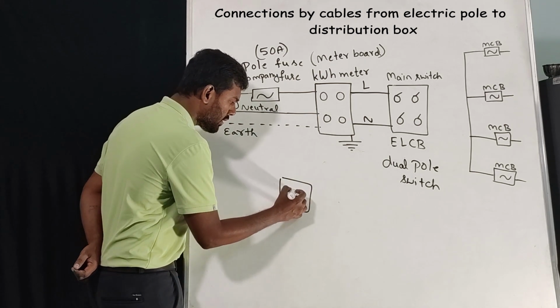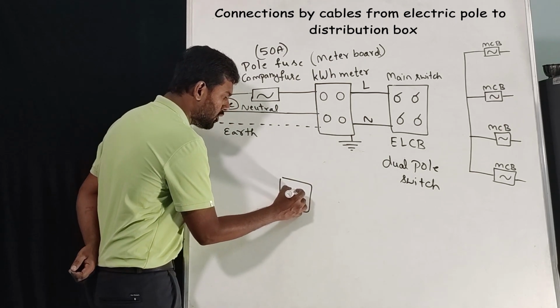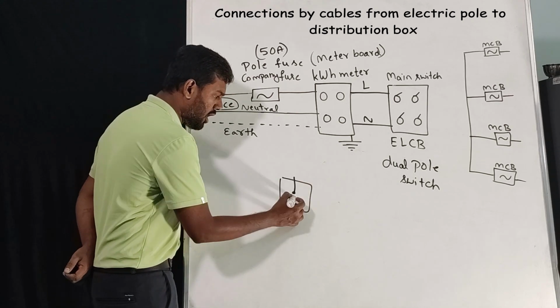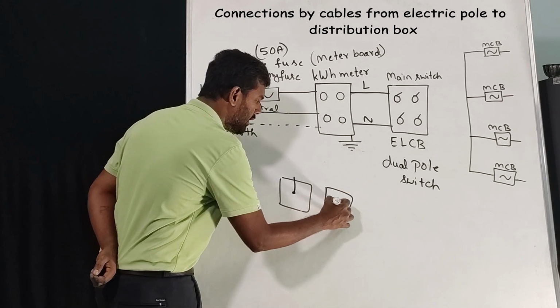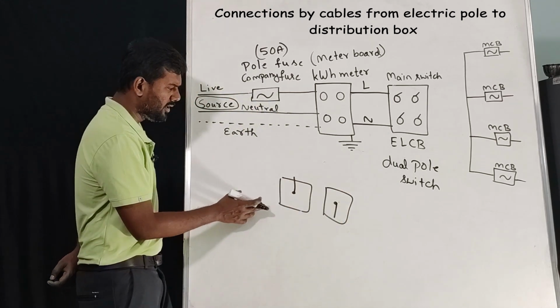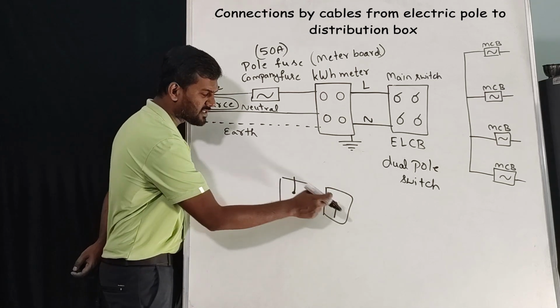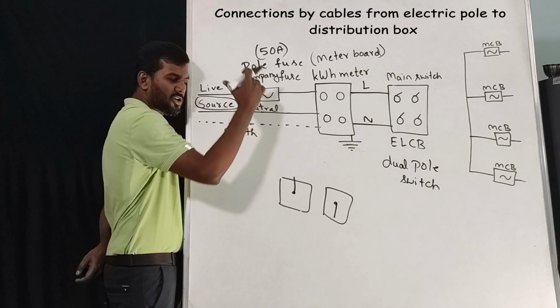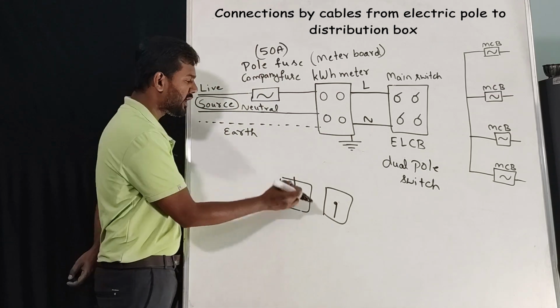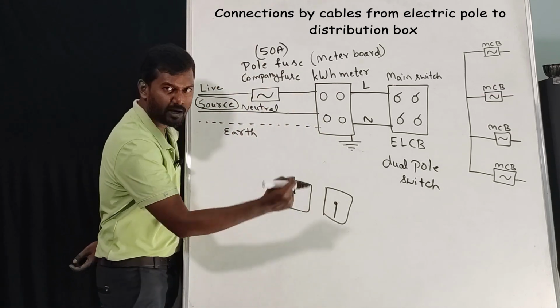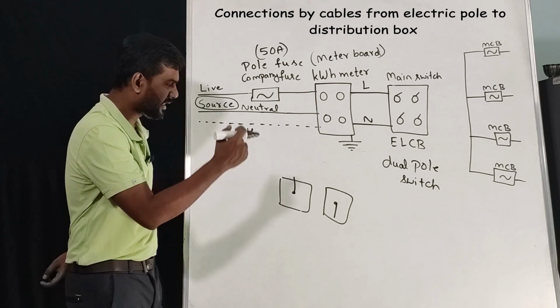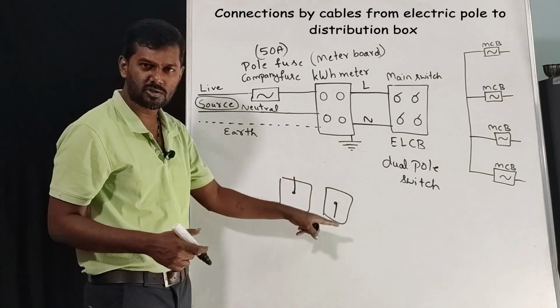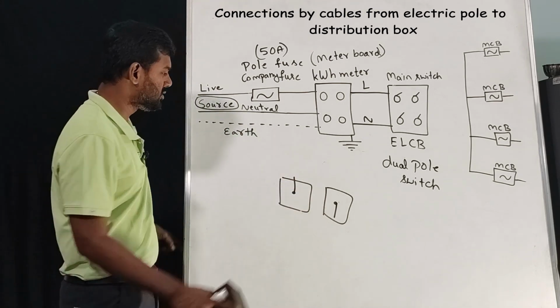Assume there is a switch, you can connect it here or you can connect it there. Dual pole switch means it has 2 switches. You can connect it to live wire or you can connect it to neutral wire, anything. This is the meaning of dual pole switch.